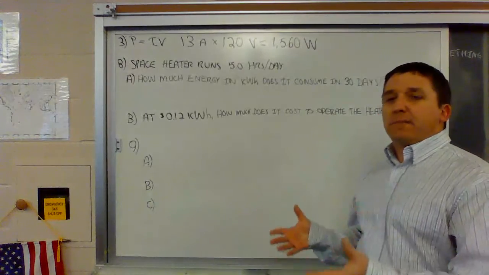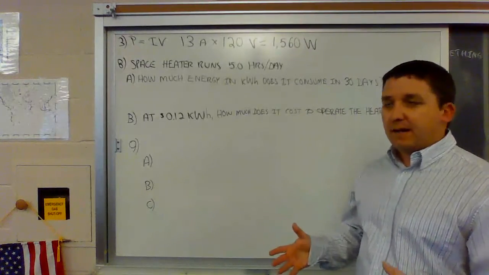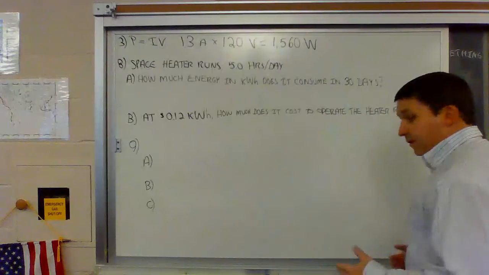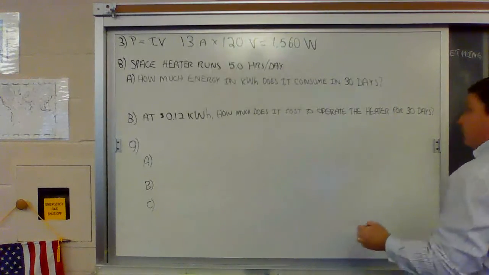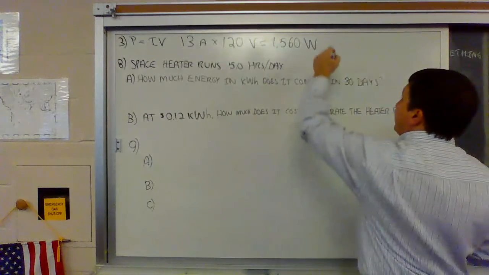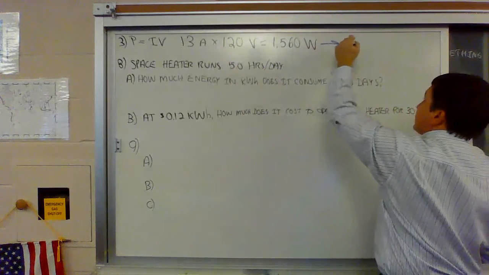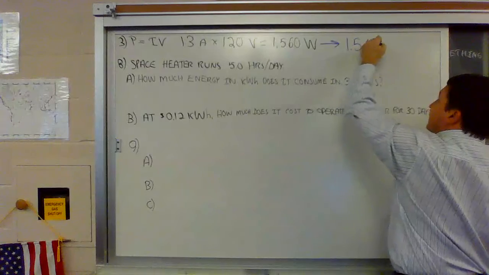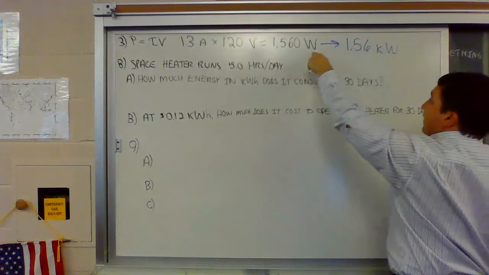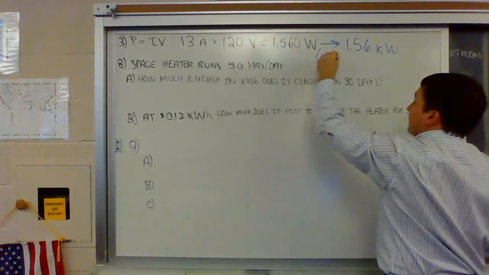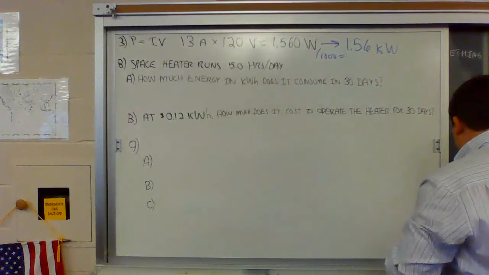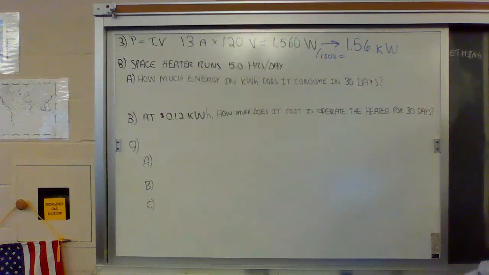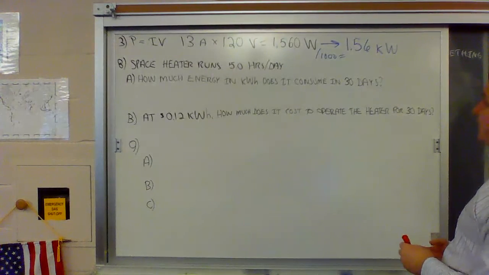We deal with miles, which is more what we're used to and easier to work with. So 1,560 watts is equal to 1.56 kilowatts. Divide by 1,000, and you get 1.56.